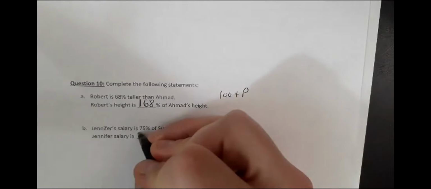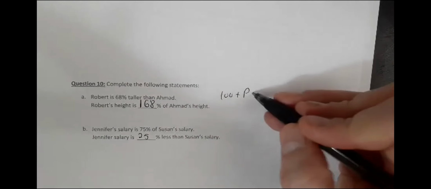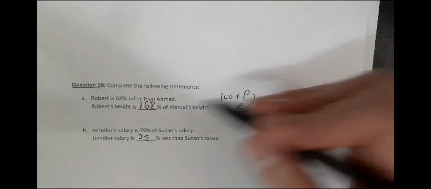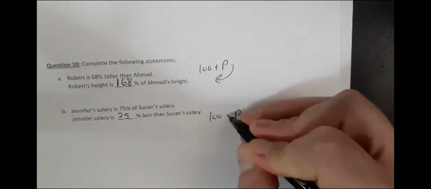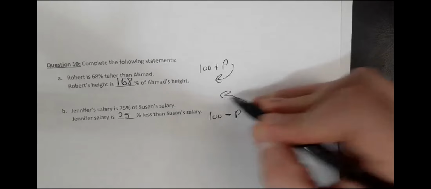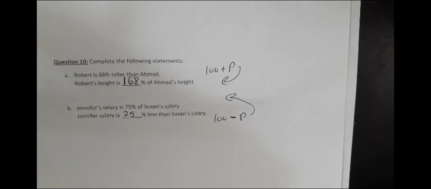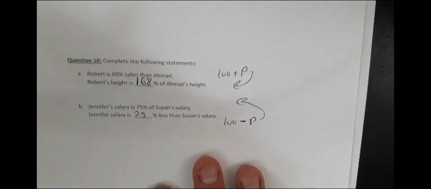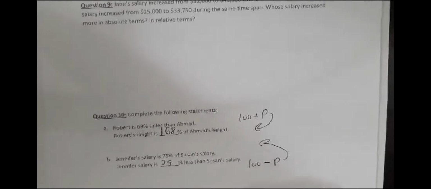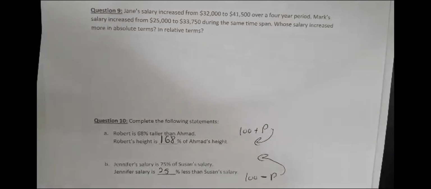It would be 25% less. So 100 minus P, we did 100 plus 68, which gave you 168. This is a little different, although I think you can kind of interchange it. It really should be going that way, but I think it works out either way if you're subtracting something from 100. So 100 minus 25 should be giving you the 75%, is usually the way that we did it. Although you could go the other way and it's still 100 minus 75 gives you 25, right?